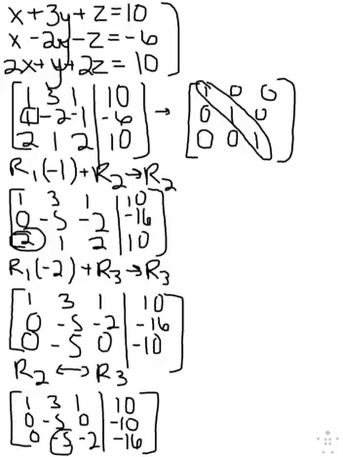So now we want this negative 5 to be a 0. So I'm just going to come up here, and it will be row 2 times negative 1 plus row 3, and store that in row 3.